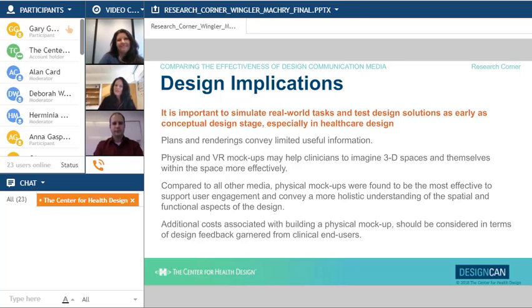And the additional costs associated with using a physical mock-up really should also be considered in terms of monetary savings for designing it right, or as close to right, the first time as possible.